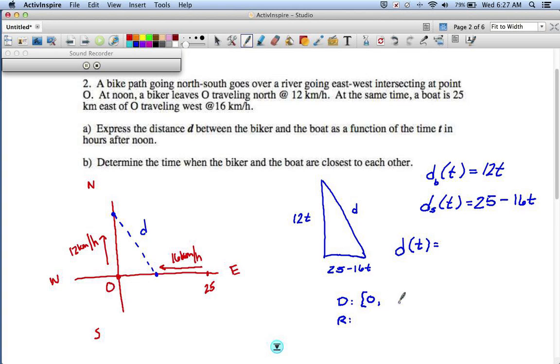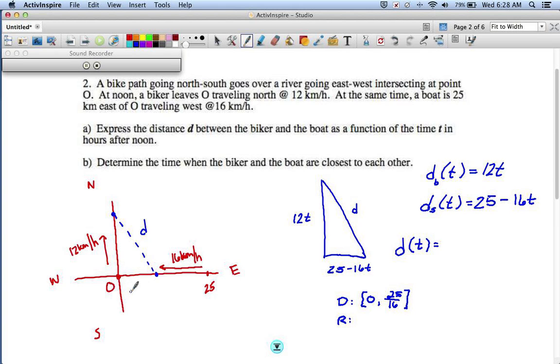cannot be anything less than 0 hours, because time has to happen for people to get closer to each other in this case. And if I would actually solve this, I get 25 minus 16t equals 0, which means t is 25 over 16. And you'll notice that is roughly an hour and a half that we approximated.